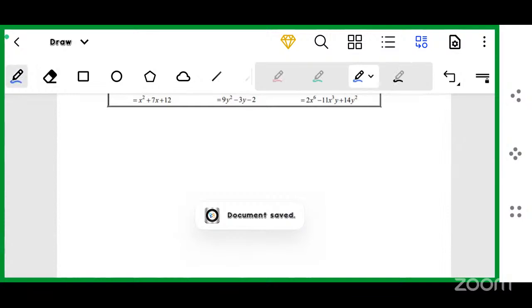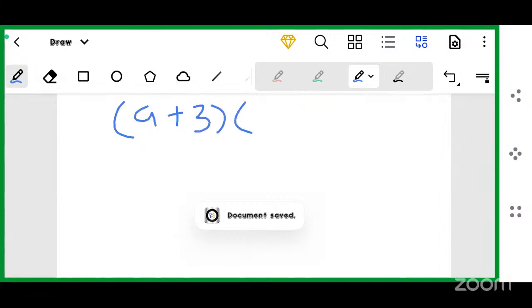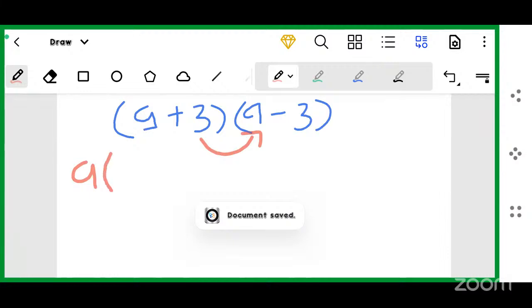So let's say we have a in brackets a plus 3, and in the second bracket we have a minus 3. First things first, we remove the a and it's going to multiply this bracket. So we write our a multiplied by a minus 3. And then what is a multiplied by a?